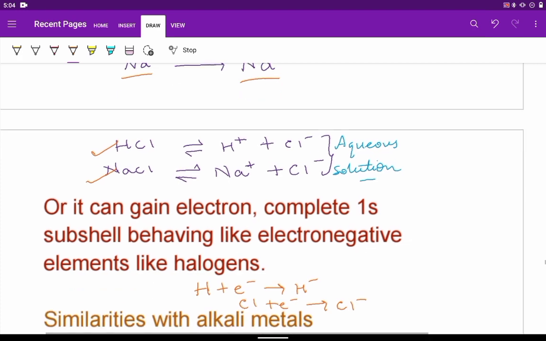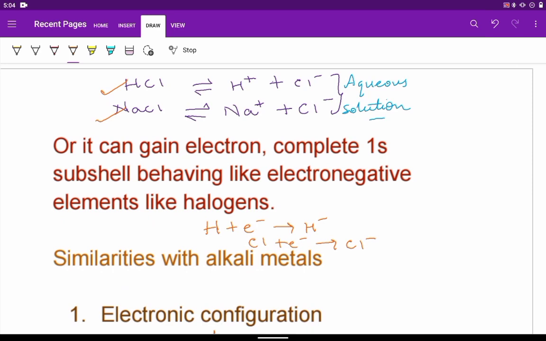The other nature of hydrogen, namely its electronegative nature, can be seen when it gains an electron. When it gains an electron, its 1s orbital gets completed, and then it acquires the electronic configuration like helium. So now when hydrogen gains an electron, it becomes H-. It is similar to the case of chlorine.